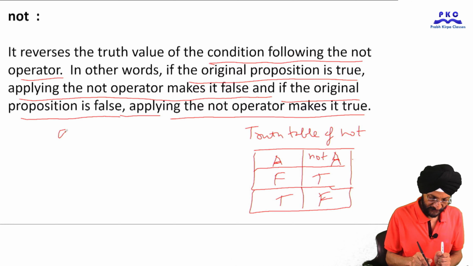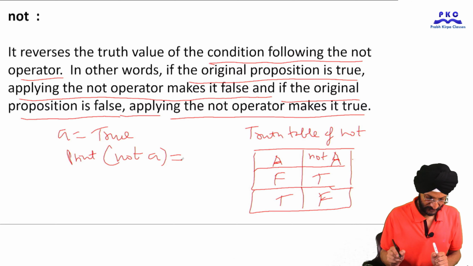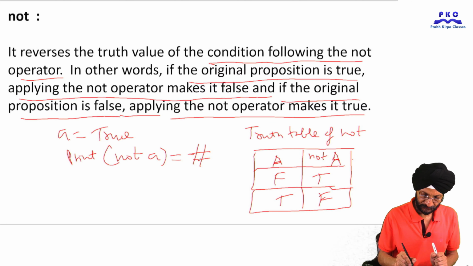Suppose we have A is equal to true, and if we use the print function, print not A, what will be the output? The output will be false.